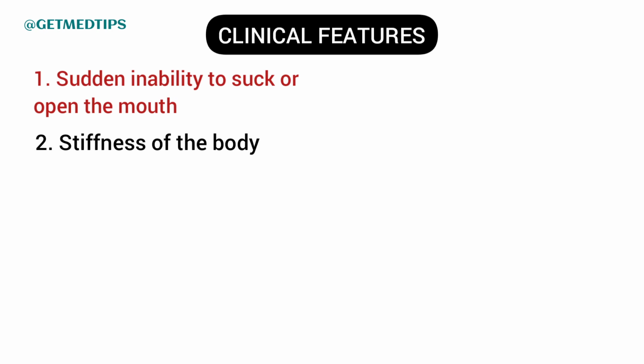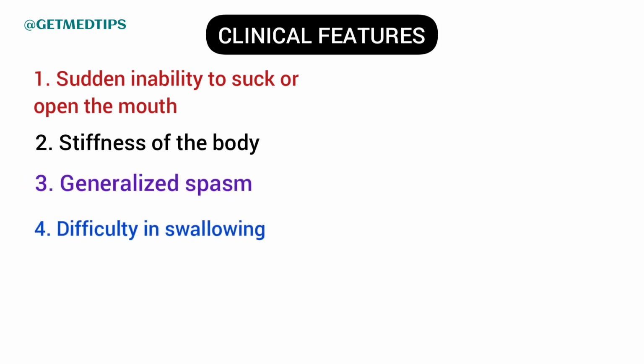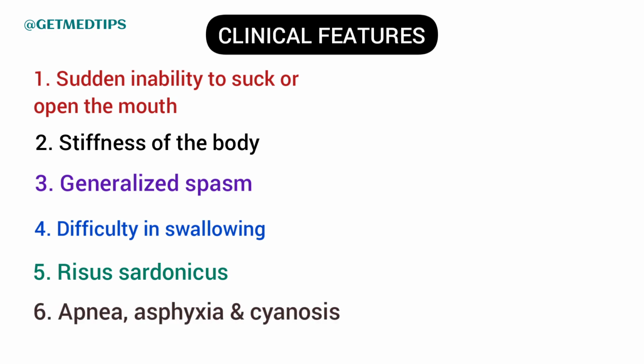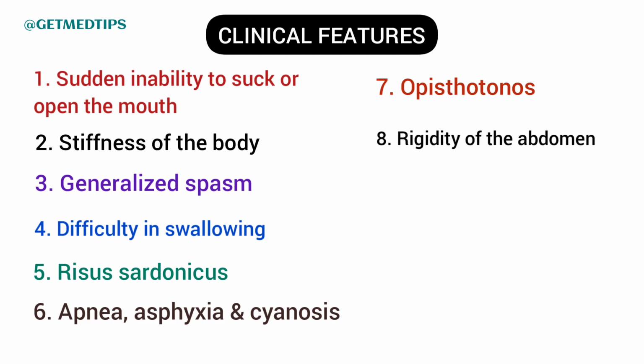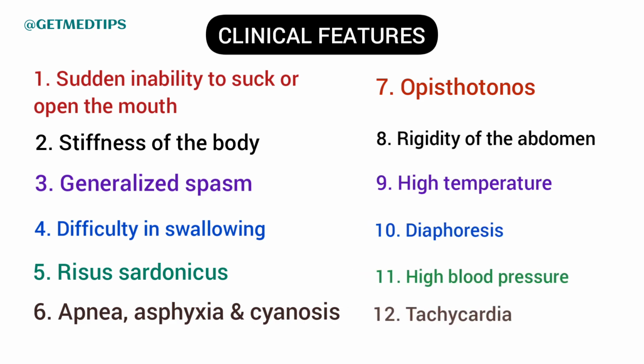Stiffness of the body, generalized spasms, difficulty in swallowing, risus sardonicus or Sardinian grin due to spasm of the facial muscles, apnea, asphyxia, cyanosis due to spasm of the respiratory muscles, opisthotonus due to generalized muscle hypertonia affecting the trunk muscles, rigidity of the abdomen due to spasm of the abdominal wall muscle, high temperature of more than or equal to 40 degrees C have been recorded, diaphoresis, high blood pressure, and tachycardia.